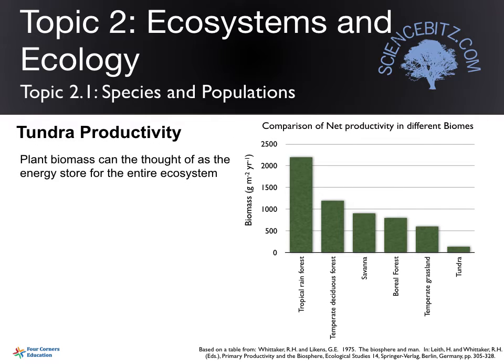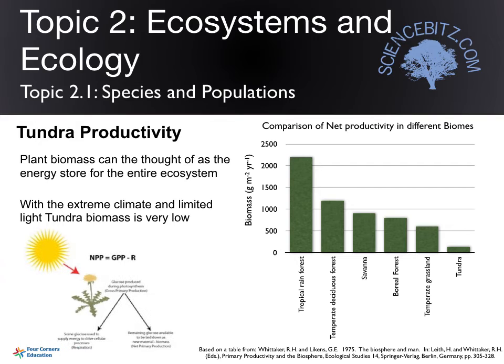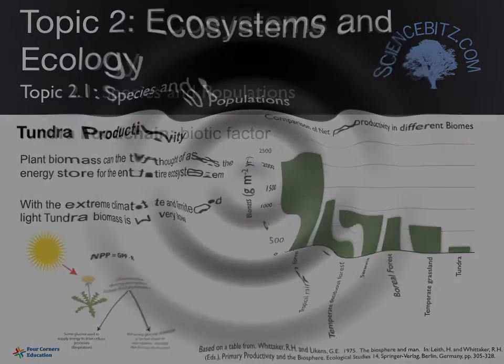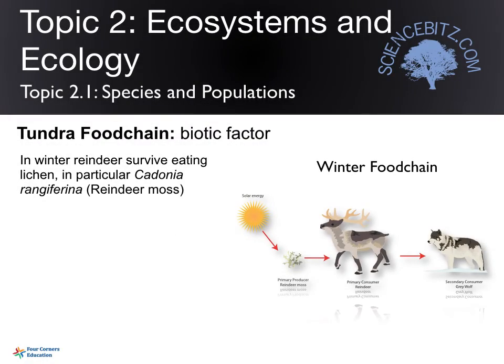And if you compare net productivity to the tropical rainforest, it's much, much lower. So the tropical rainforest has this much greater productivity because of the amount of sunlight that enters. So with this extreme climate and low productivity, the biomass is actually very, very low. And this low productivity then affects all the rest of the ecosystem.